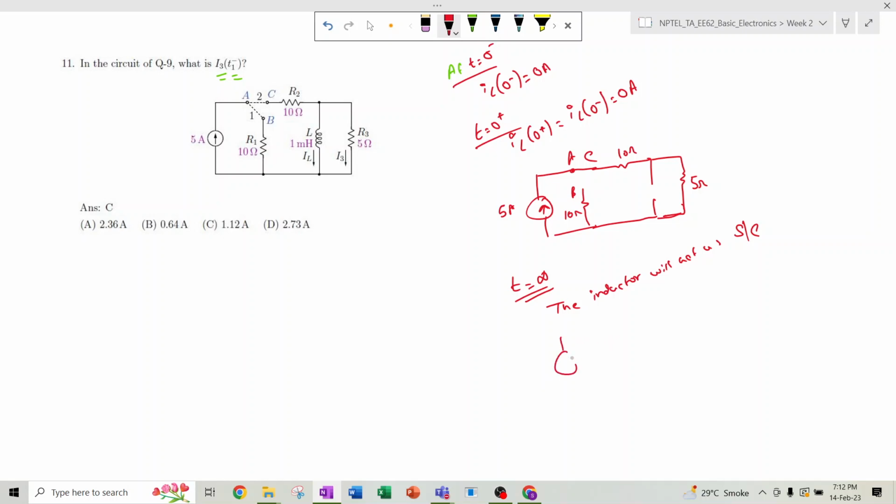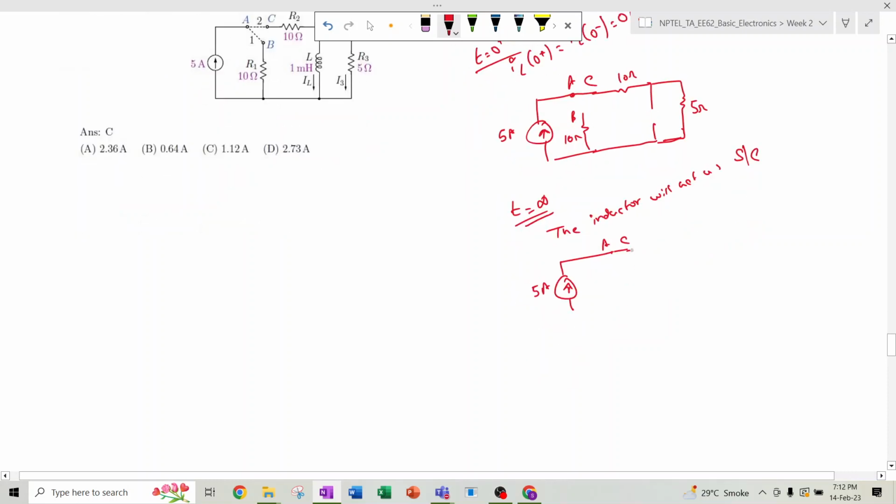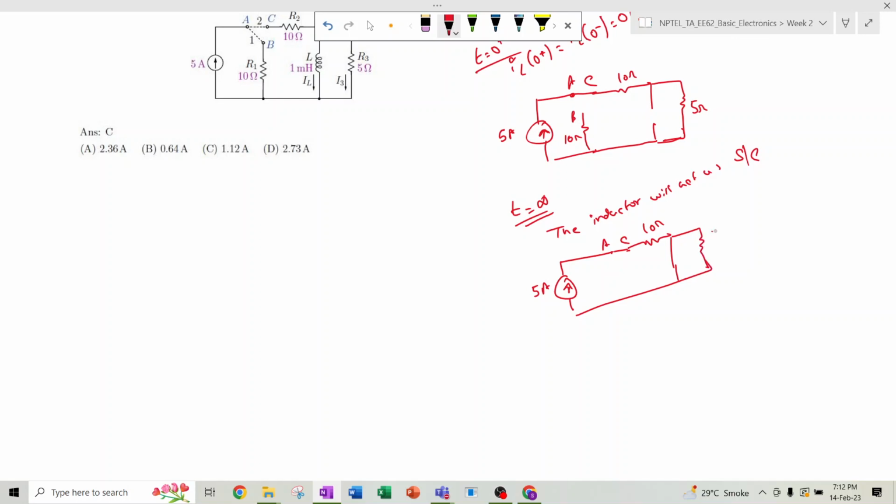So that means at t equal to infinity, this is 5 ampere, A, C, 10 ohm, this is short, and this is 5 ohm.